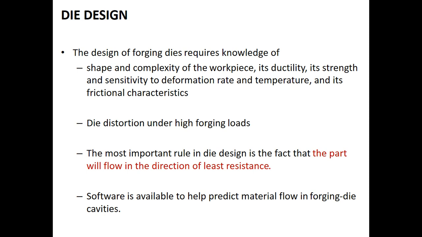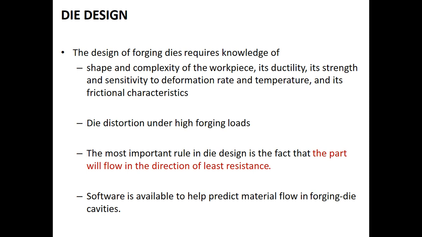Usually the fullering, edging and finishing impressions are needed, because while learning about the basic operations used in forging process, we are familiar with these techniques, and then additional operations such as blocking, bending and flattening impressions are also used as per the requirement of the product design. So that is the first step. What stages are necessary for achieving the required shape and strength for the forging?